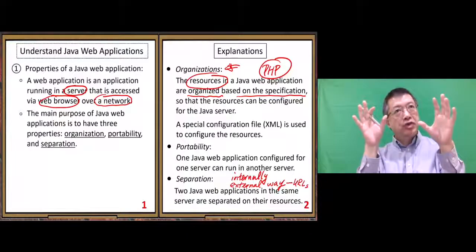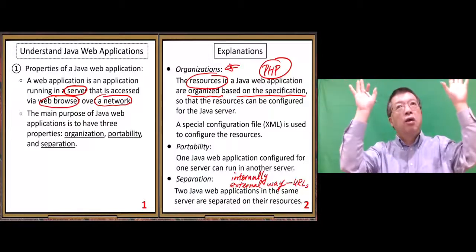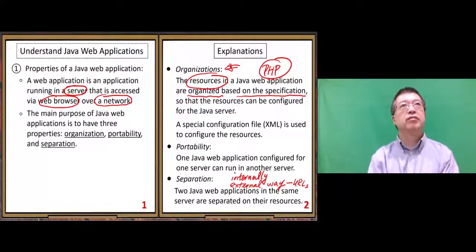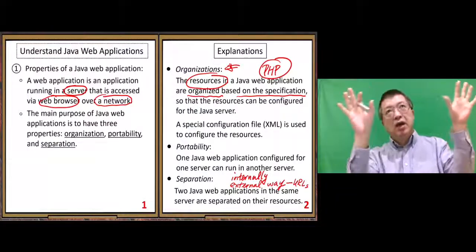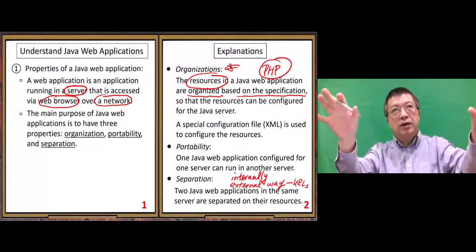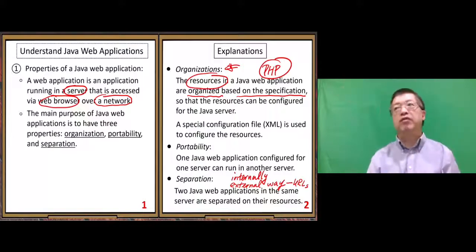Then the rules applied to outside users are completely different from internal access, because the security restrictions are different. For outside users, very strict rules are applied regarding security. But for internal access, you have more privilege to access certain files.